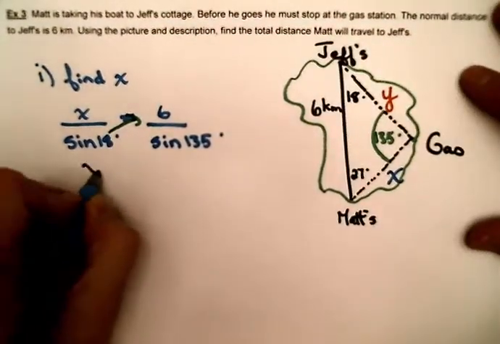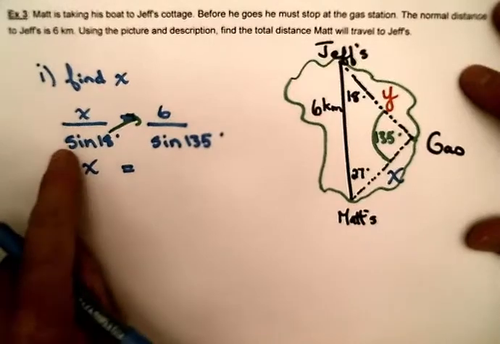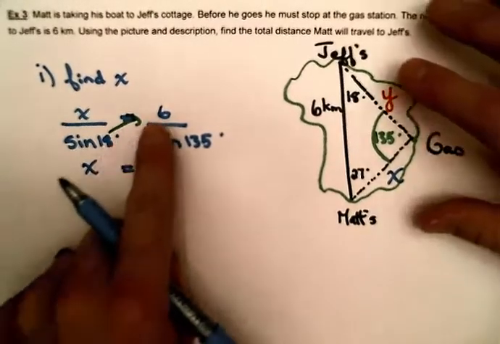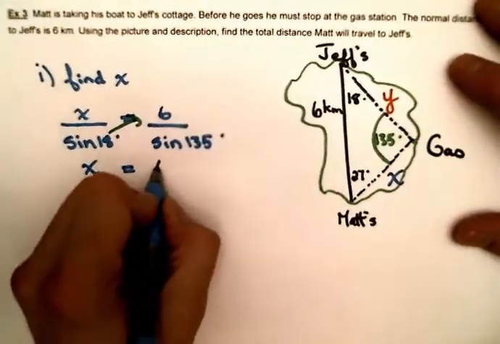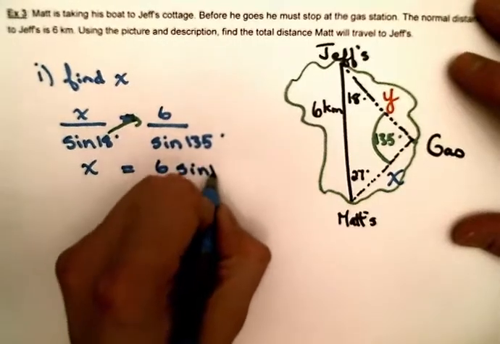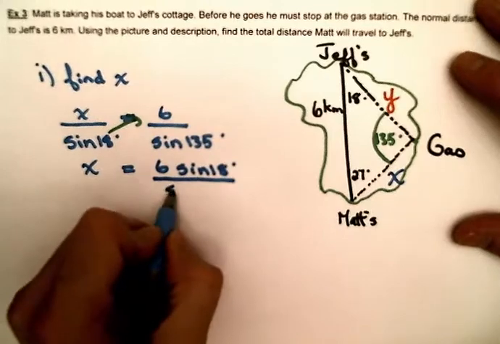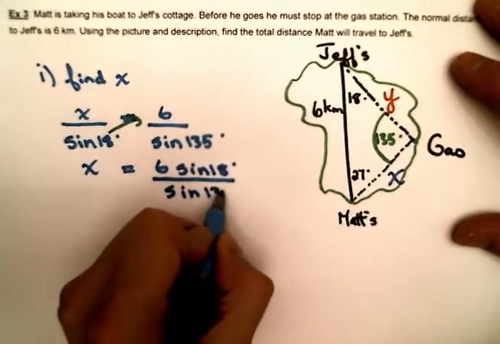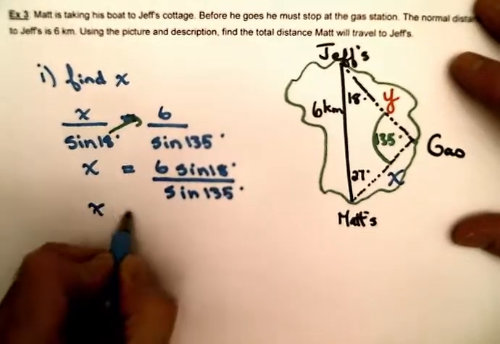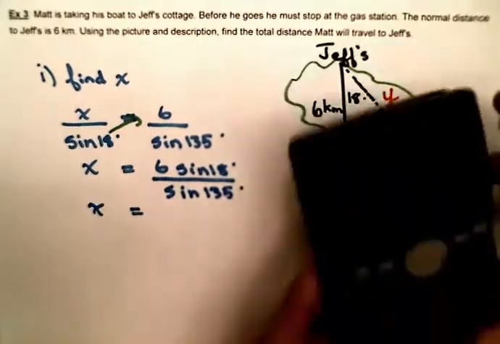When you cross multiply, you only have to send sine 18 degrees up to the numerator, and it's 6 times sine 18 degrees. And then on the bottom, the denominator is still sine 135 degrees. And your calculator can give you that answer right away.